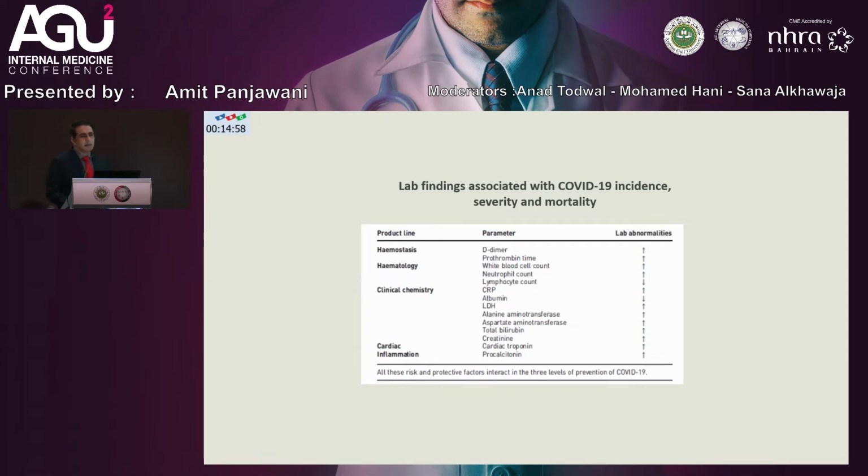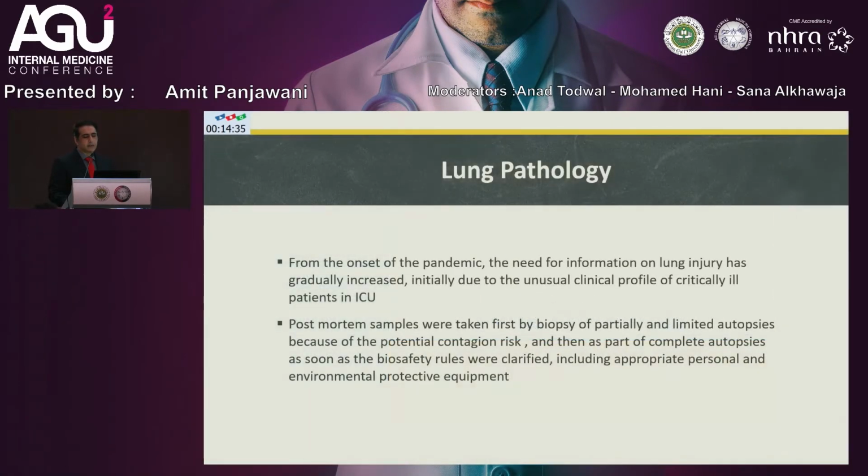In severe COVID infections, what we really find is the presence of high D-dimer levels, elevated white cell counts, low lymphocyte counts, and significantly elevated markers of inflammation in the form of C-reactive protein, lactate dehydrogenase, as well as high ferritin levels. Now, what exactly happens in patients who have a COVID pneumonia?